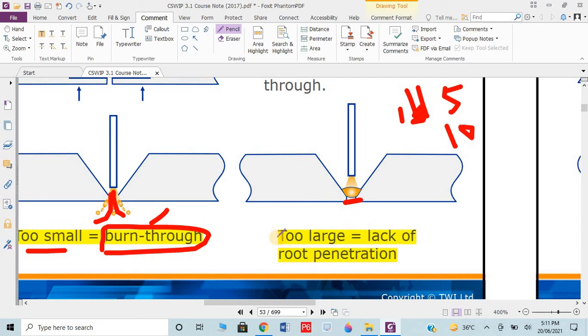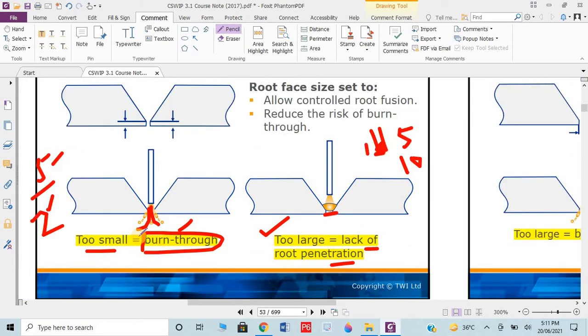So if the root face is large, then there will be lack of penetration. This is also an important point. I summarize it: if the root face is very small, then burn through. If the root face is larger than the design value, then lack of penetration. The weld will not be melted properly, and in radiography or MT there will be a defect. So consider both things.